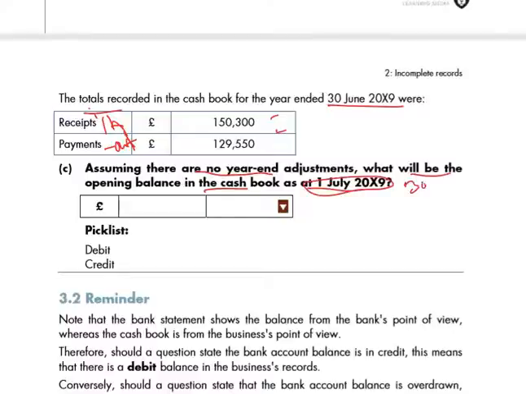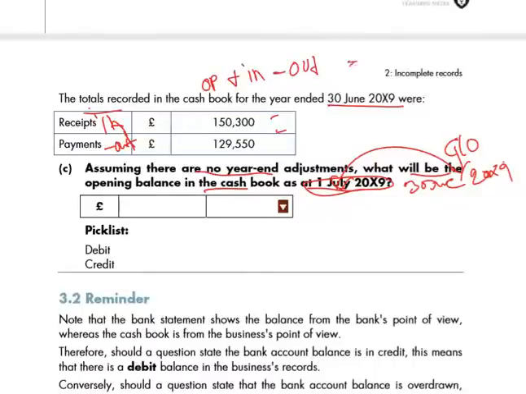It means 30th June 2019 is how much is the closing. The closing for this and the opening 1st July is the same thing. We're looking for the closing balance. So what we need to do is how much we had at the beginning, opening, plus how much in, minus how much out. We should get our answer, the closing, shouldn't it?